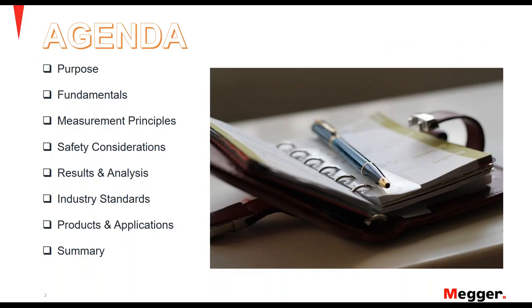We are going to look at the purpose of these results, and Ken already alluded to the reasons and the fundamentals of why we want to do that. Then we'll look at some internal specifics of the transformer that affect both these tests, namely excitation and winding resistance. After that, we look at the measurement principles involved in doing these tests.